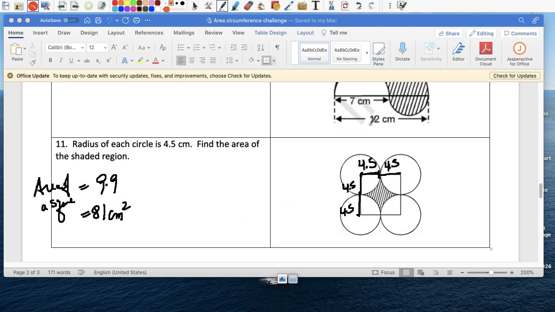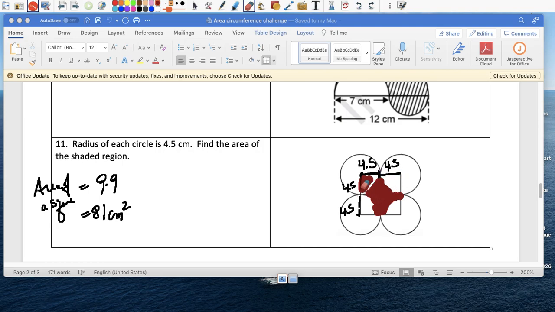So I know the area is 81 centimeters squared. I have a square, and that's 81. Now they're asking us to remove this guy, this right here, and this guy right here.